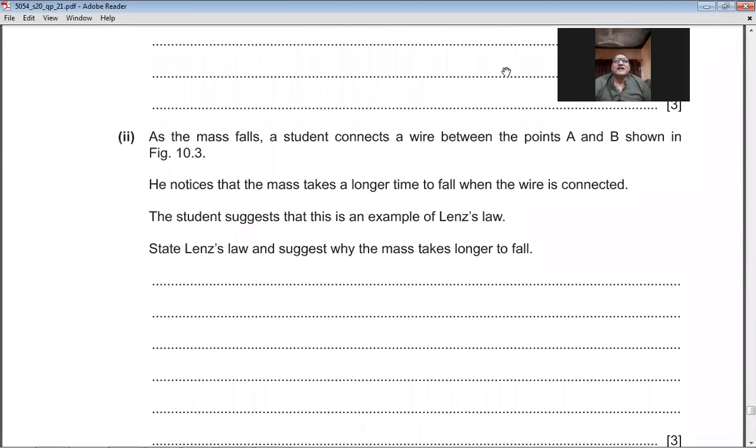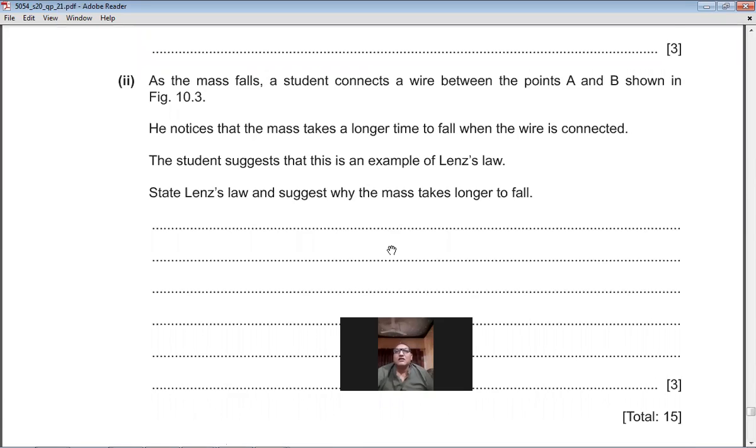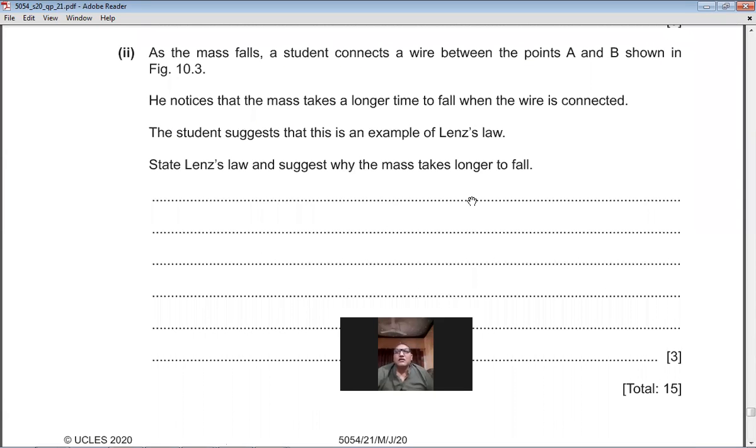He says, as the mass falls, a student connects a wire between point A and B shown in figure 8.3. He notices that the mass takes a longer time to fall when the wire is connected.